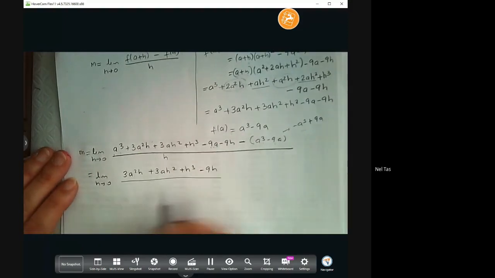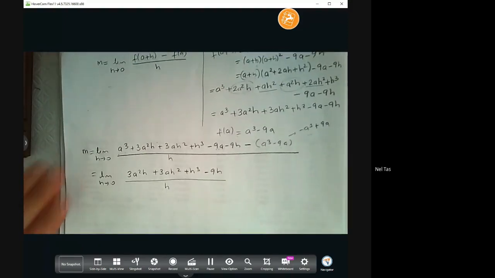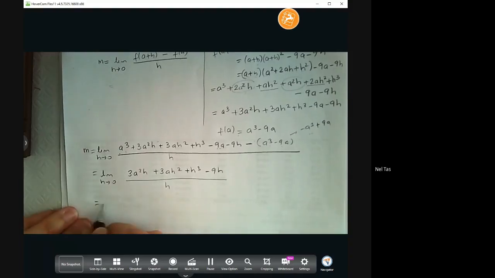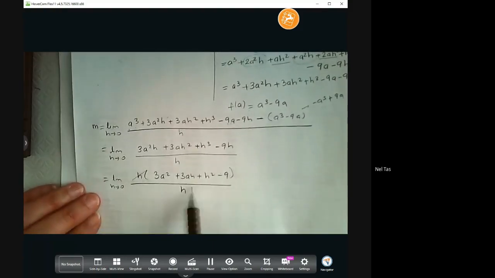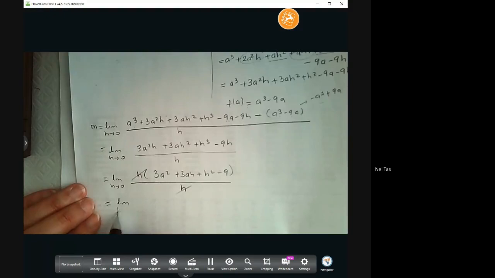All right, over h. As you see, we still have 0 over 0 situation. We can factor h from the numerator: h times (3a squared plus 3ah plus h squared minus 9), over h. So h and h is gone.